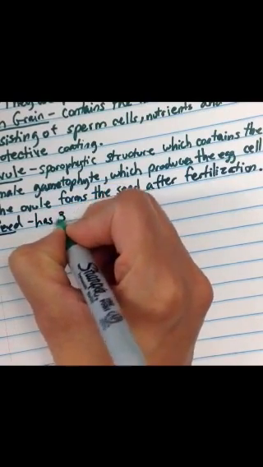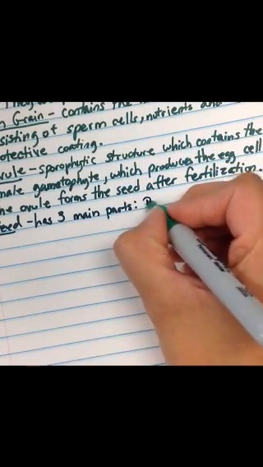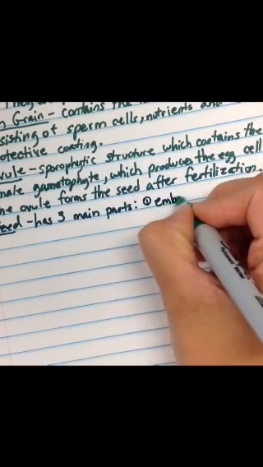So what exactly is the seed then? The seed has three main parts, which are: number one, the embryo, the little baby plant. Number two, stored food. And number three, a seed coat.